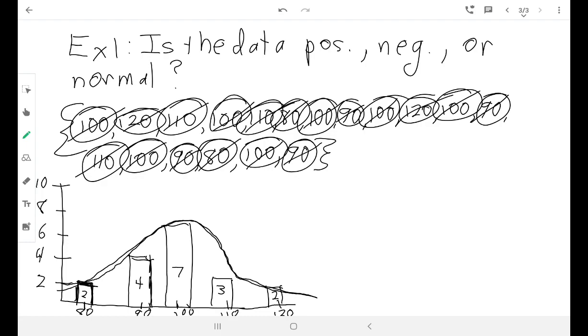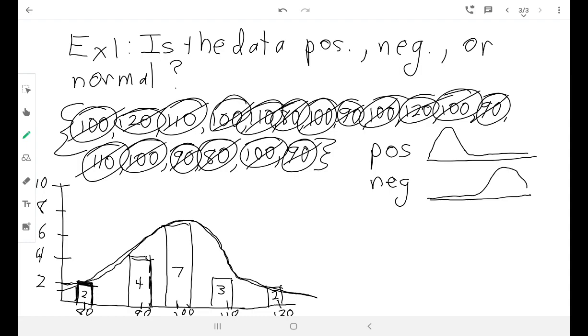If you look at this, let me remind you, a positively skewed one looks like that. A negatively skewed one looks like that. And a normal distribution looks like that. And this looks very much normal, right? I hope everybody can see that. It's pretty darn close. It's pretty normally distributed.